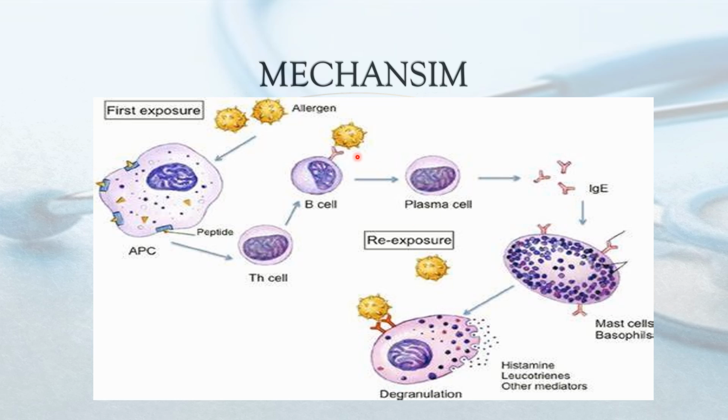This B cell proliferates and differentiates into plasma cells that synthesize and secrete IgE antibodies. Now these IgE antibodies combine to the Fc region of the mast cells and cause sensitization.